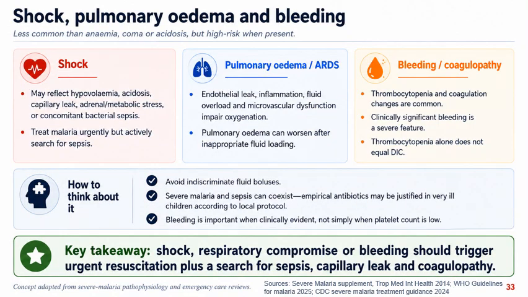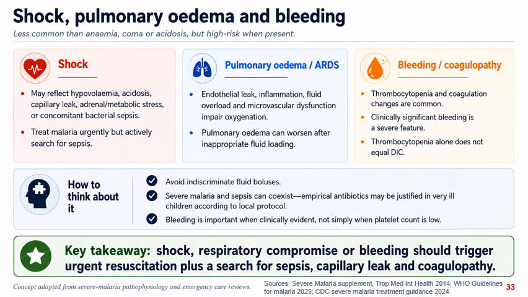Other manifestations of severe malaria include shock, pulmonary edema, and bleeding. These manifestations are less common in African children than anemia, coma, or acidosis, but they are high risk when present. Shock may reflect hypovolemia, severe acidosis, capillary leak, metabolic stress, or concomitant bacterial sepsis. Treat malaria urgently, but actively search for sepsis anytime. Pulmonary edema or acute respiratory distress may result from endothelial leak, inflammation, microvascular dysfunction, or excessive fluid administration.